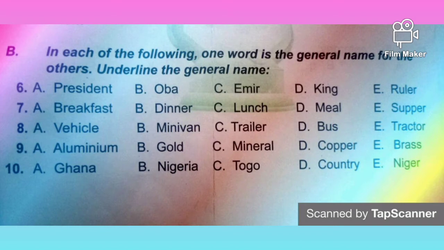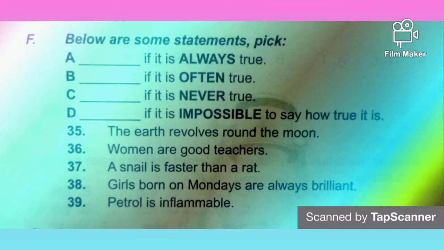Okay. All right, so let's go over to the next one as I leave you to do number 8 and number 9. We are going over to true statements. Below are some statements. Pick A if it is always true, B if it is often true, C if it is never true, and D if it is impossible to say how true it is.